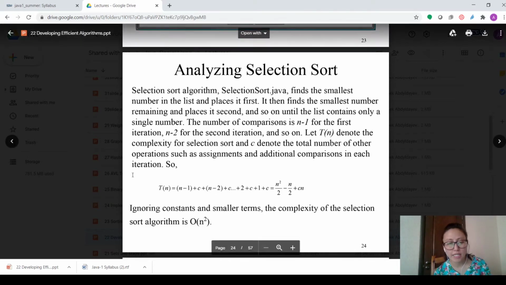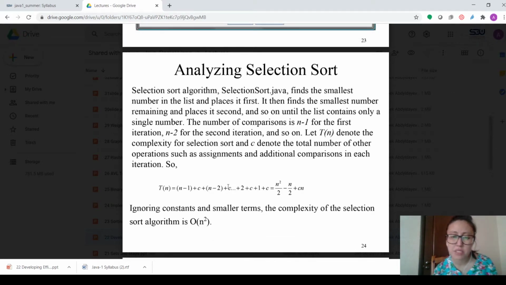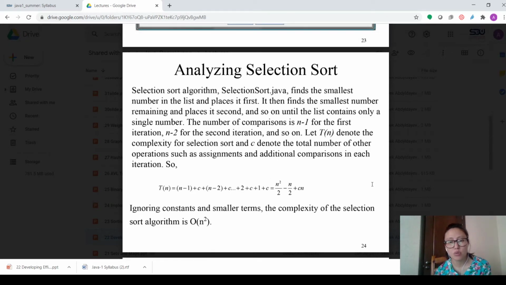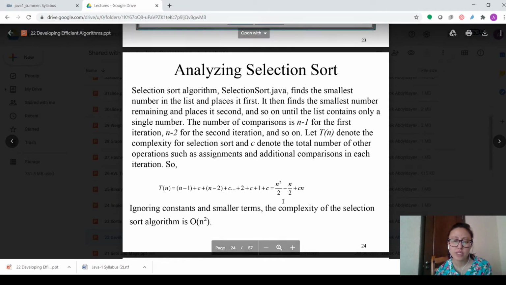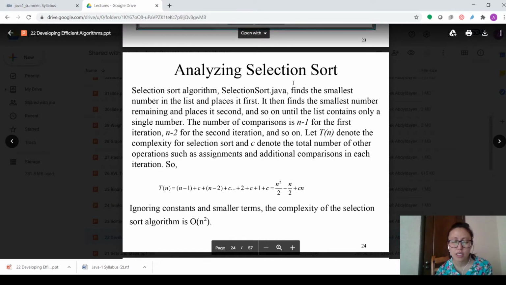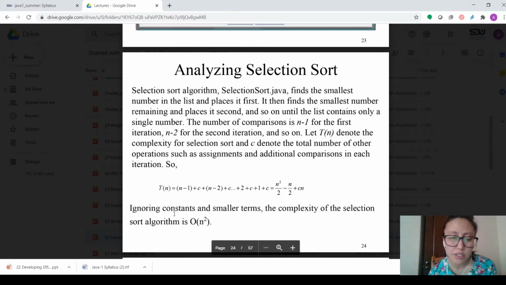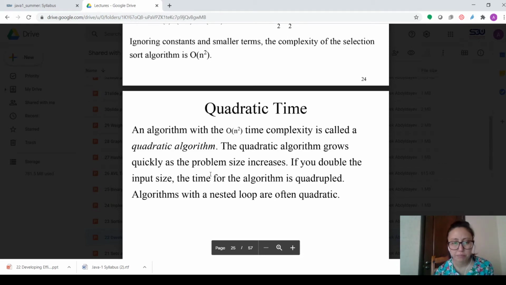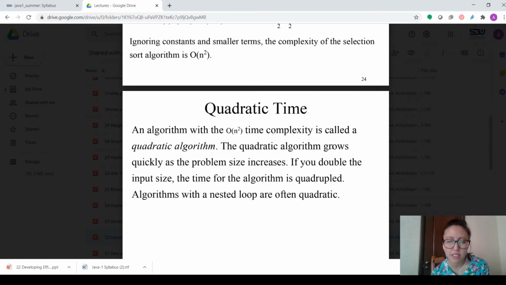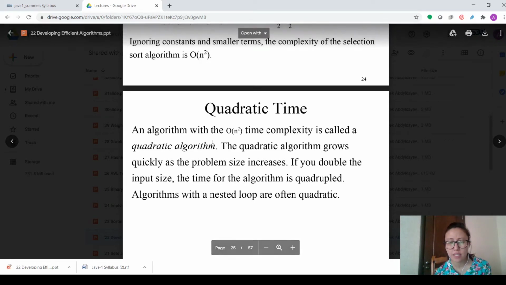And when we add all these times, we have the summation of numbers from 1 to n minus 1. It is (n minus 1) times n over 2, and when we simplify it, we find that the selection sort time complexity is O(n^2). An algorithm with O(n^2) time complexity is called a quadratic algorithm.